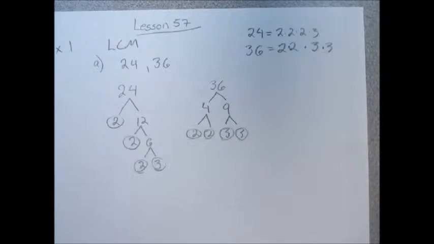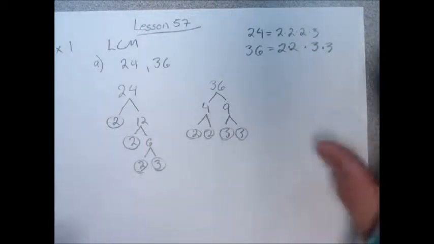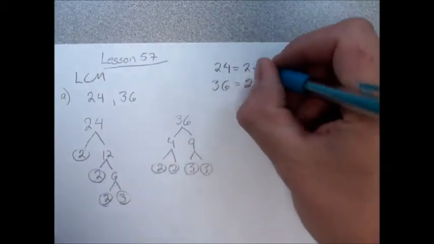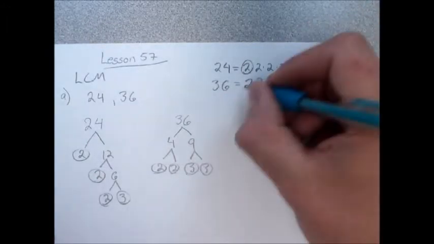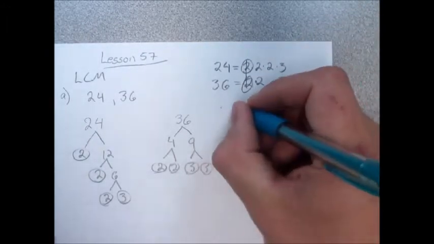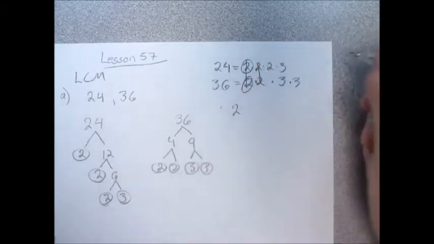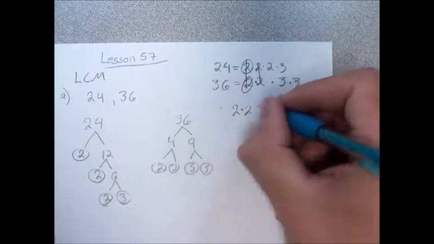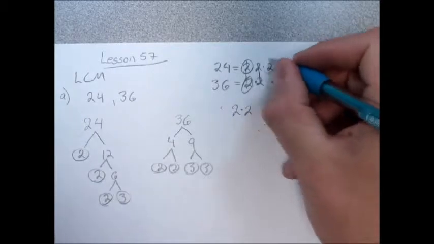So what we're doing is asking, what presents itself in every single one of these, and then some. I go, okay, there's a 2 here in 24. There's a 2 in 36. So I'm going to write down a 2. These two match. I have another set of 2's. Those two match. And then I have this 2 right here.